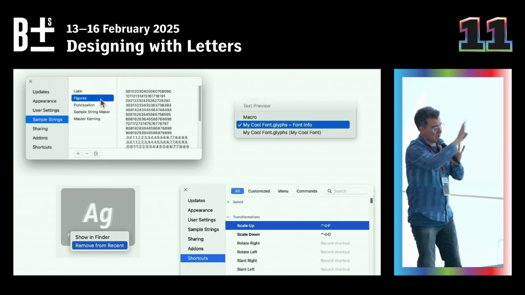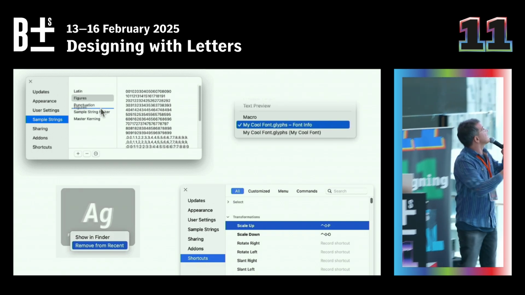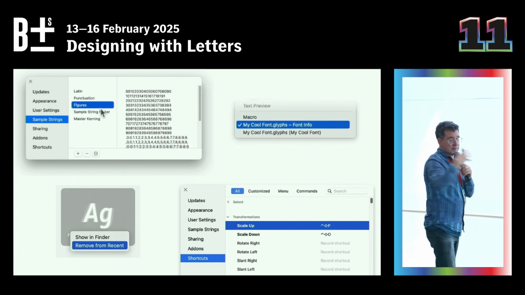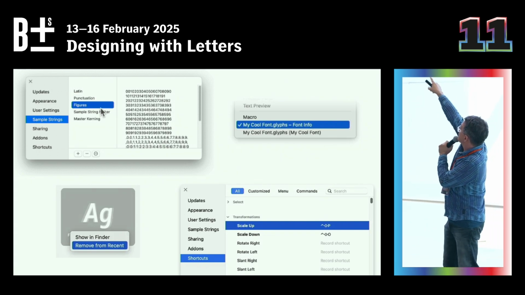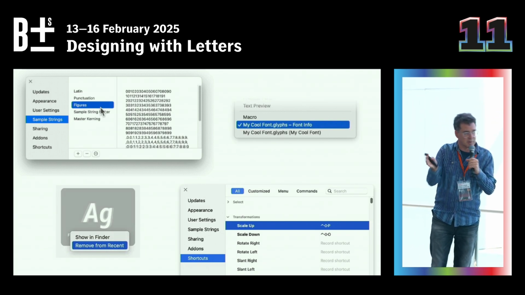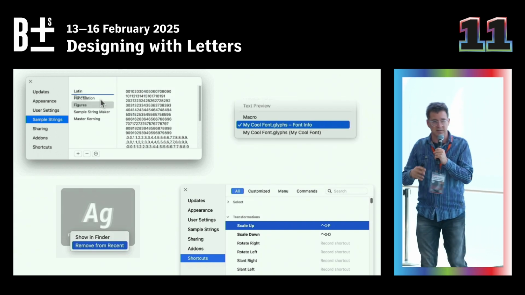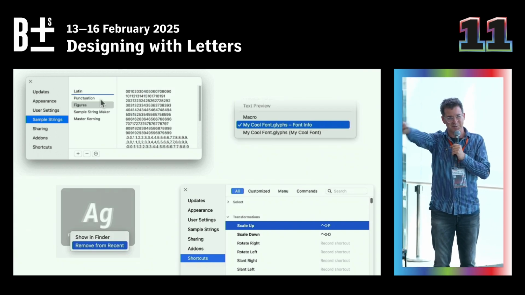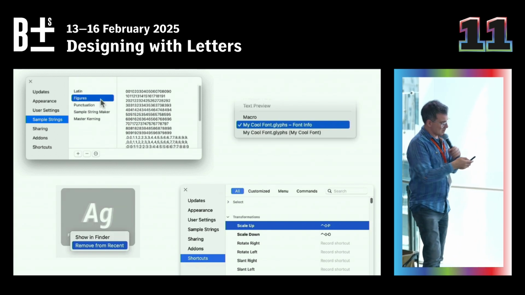Now it says font info. You can access it directly. Don't need to guess. Or in the start window, where it shows you most recent fonts, you can directly access the font file in the Finder, or you can remove it from the recent ones in case you're going to present in front of a crowd and you have an NDA font in your most recent files.